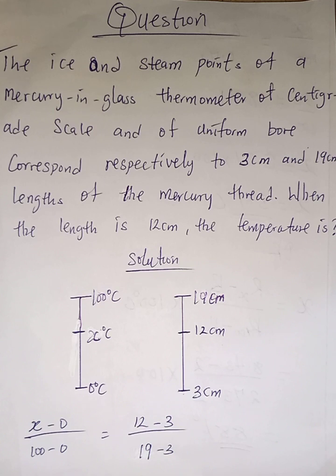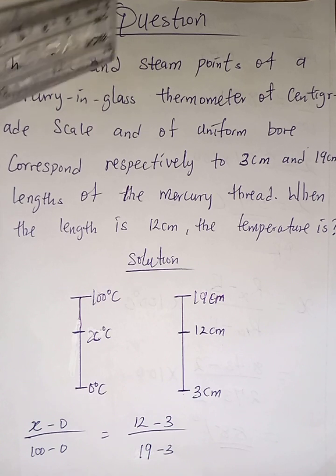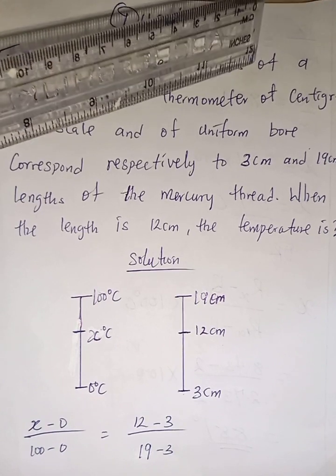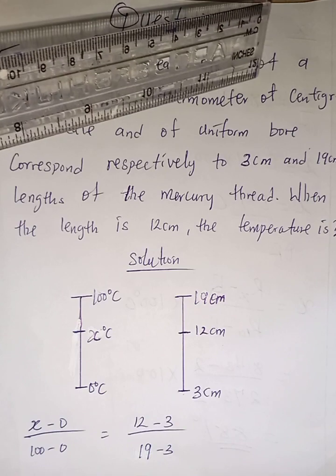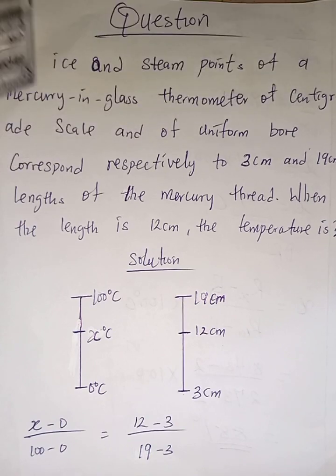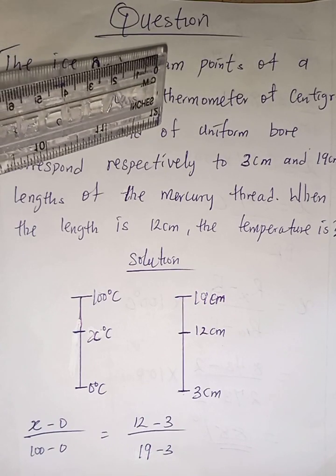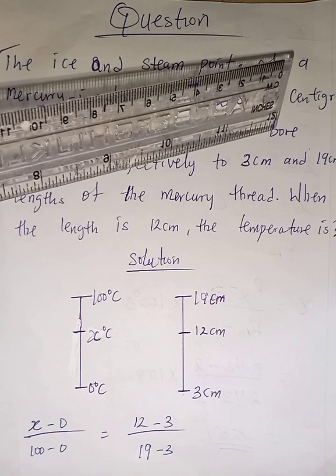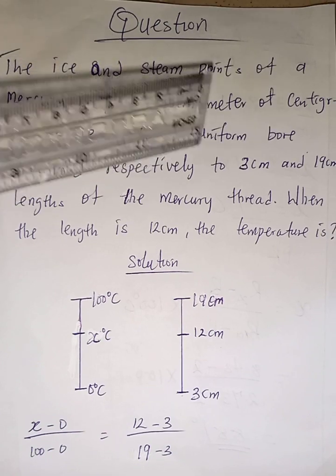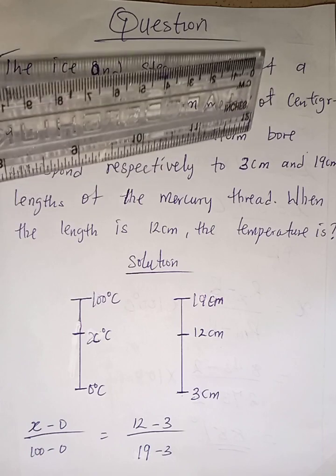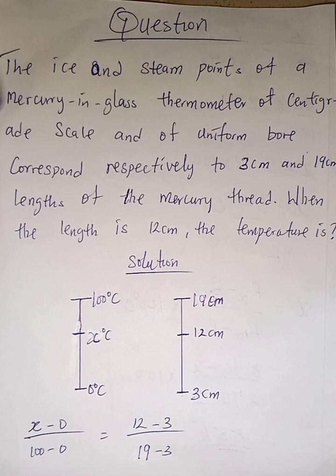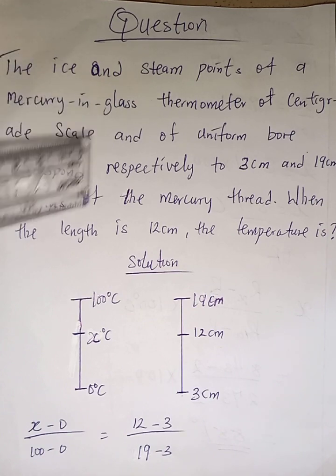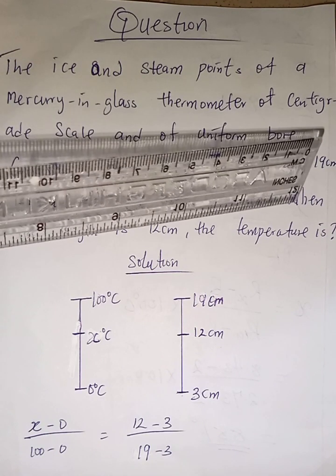Now let's move to what we have today. So the ice and steam point of a mercury in glass thermometer of centigrade scale and of uniform bore correspond respectively to 3 cm and 90 cm length of the mercury thread.